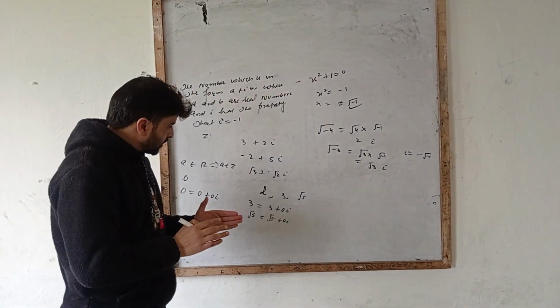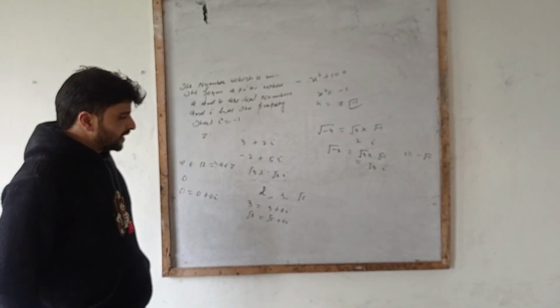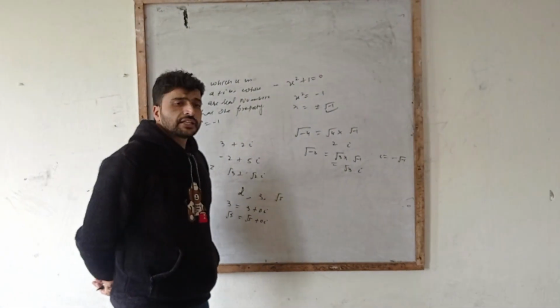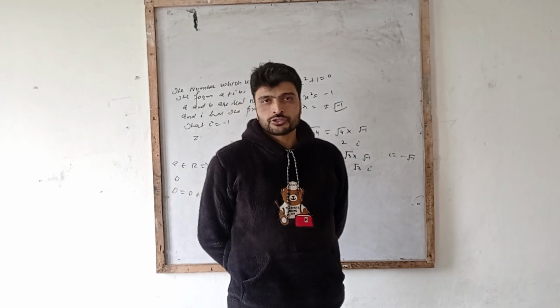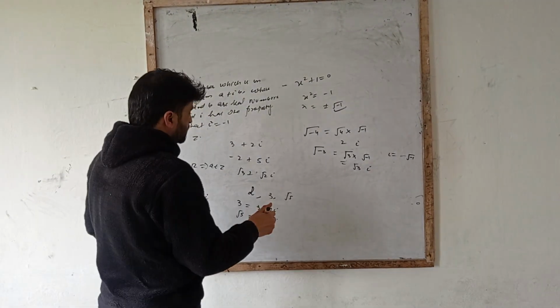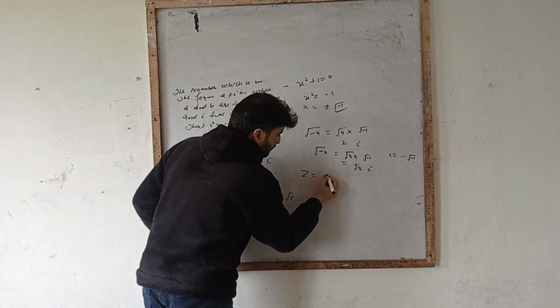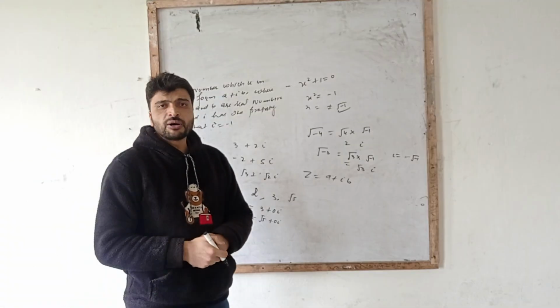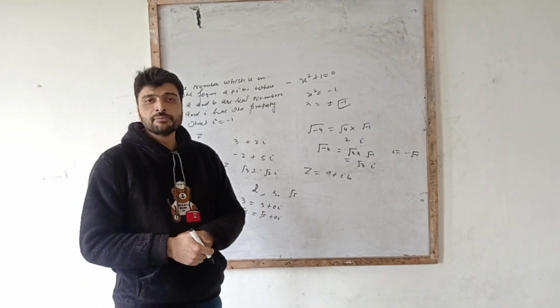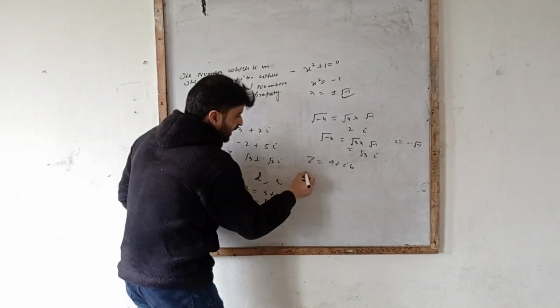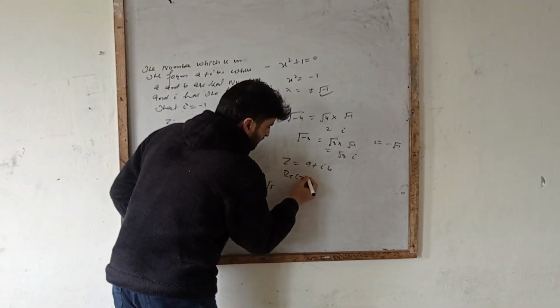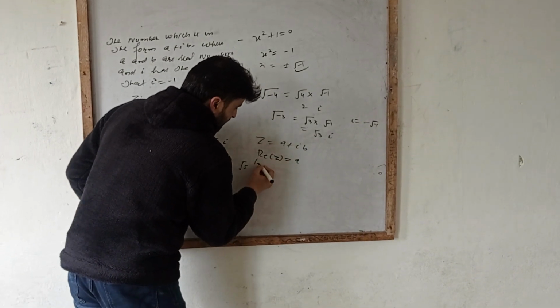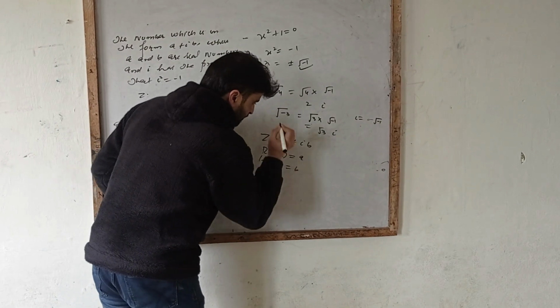So we have observed from these observations that if a is a real number, then a is a complex number also. And one more thing, if z is equal to a plus ib, students, this a is called the real part of z and b is called the imaginary part of z. So we write it here: real part of z equals a and imaginary part of z equals b.